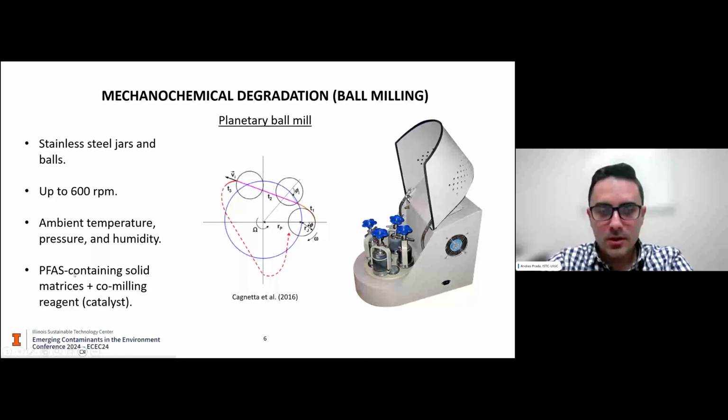And then we can treat solid materials containing PFAS, accompanied with comilling reagents or catalyst. How it works is there is a plate at the bottom that spins in one direction and the jars spin in the other direction.